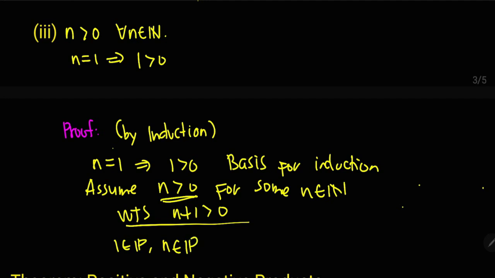So if 1 and n are both positive, then n plus 1, the sum, must also be positive, which implies that n plus 1 is greater than 0. So we were able to show that for any number n, if n is greater than 0, n plus 1 is also greater than 0. By induction, the hypothesis must be true. And we are done.